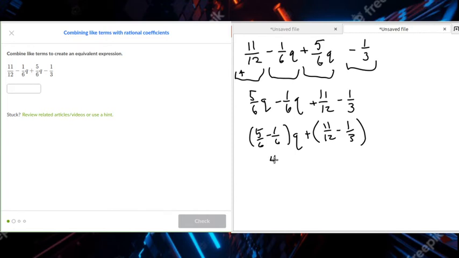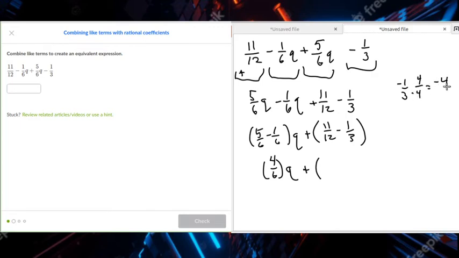Okay, so we have 5/6 minus 1/6. That is 4/6 q. 5 minus 1 is 4. Plus, and we need to make these have the same denominator. So 3 times 4 is 12. So I'm going to multiply 3 times 4, but I can't just multiply the denominator. I have to multiply both. So I'm multiplying by 1, just like I said last time.